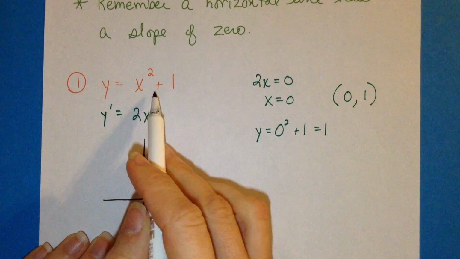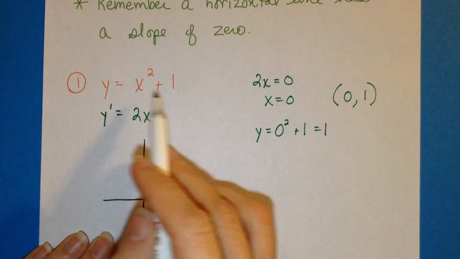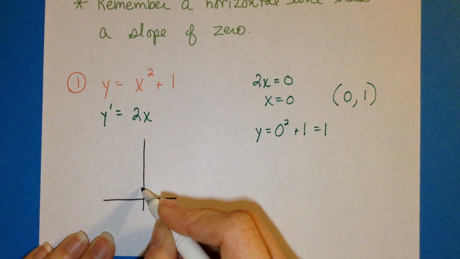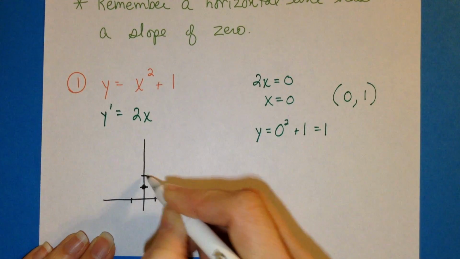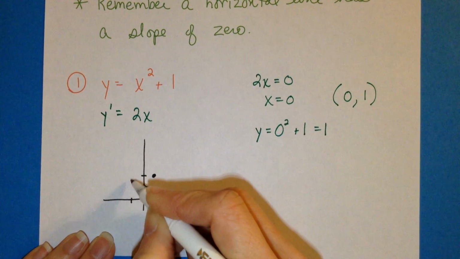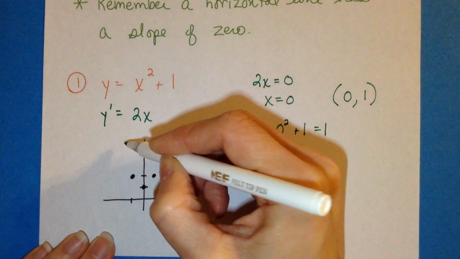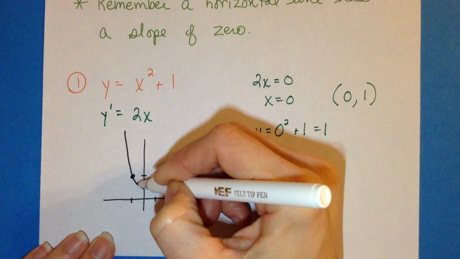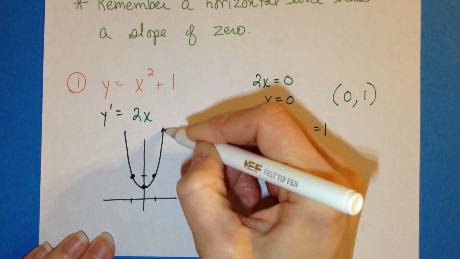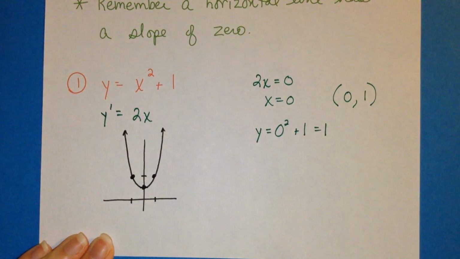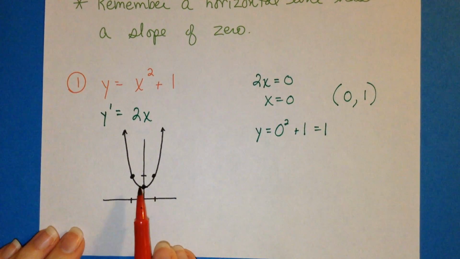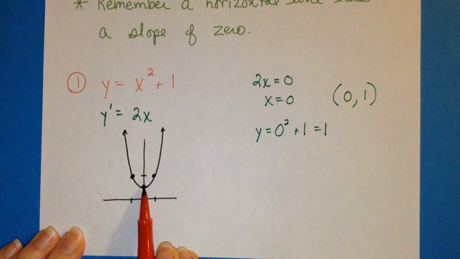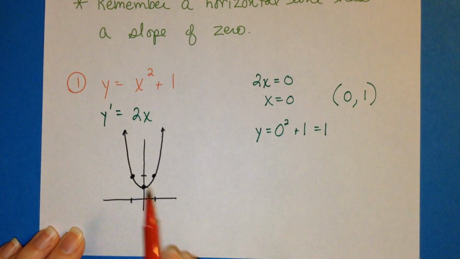Okay, so if you graph this in your calculator, this is your parabola that's been shifted up 1 unit. So you would also have a point here and a point here, and it's the parabola shape. So what you have figured out is at the point (0, 1) that you would have a horizontal tangent line.